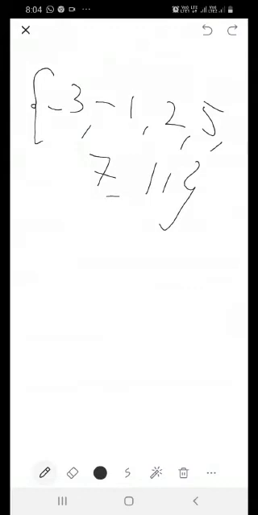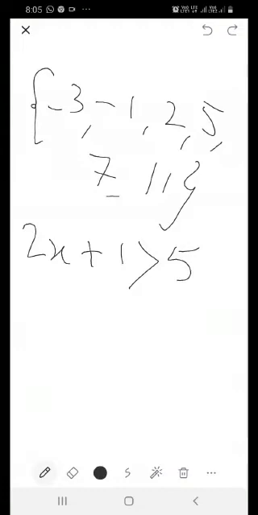And suppose I give you the inequation 2x plus 1 is greater than 5. Suppose this is the inequation and I tell you to solve it, and the replacement set I have given you above. So what are the possible values of x you can have?